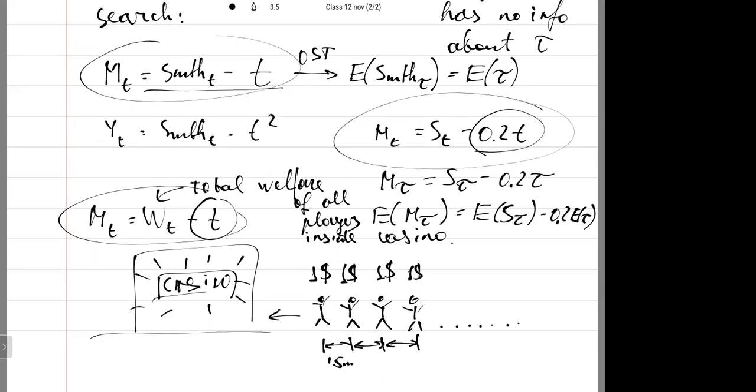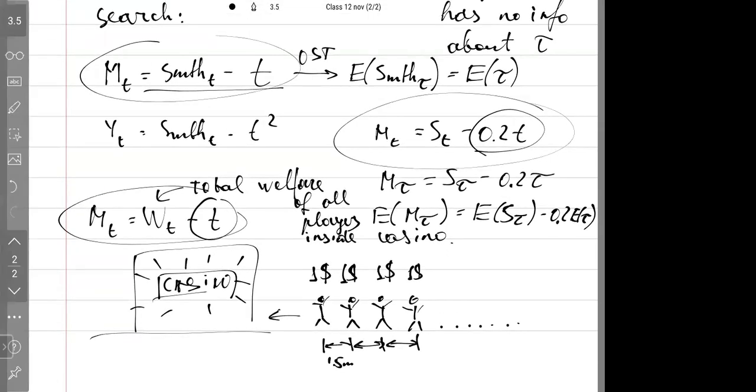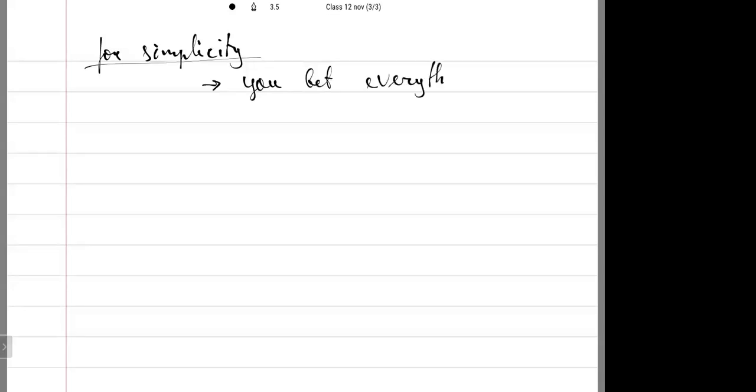You bet on the next letter of the word abracadabra as you enter. There are many ways, so it's not the only possible solution, but for simplicity, you bet everything you have on the next letter.